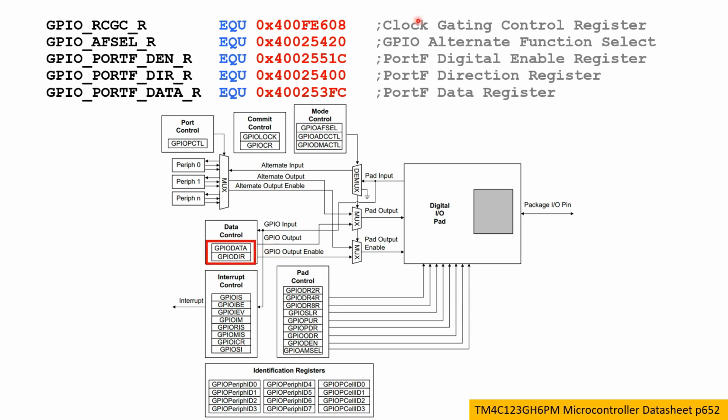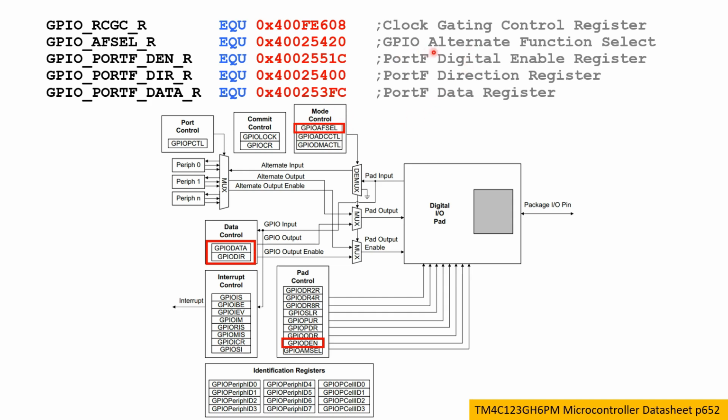Then I would like to highlight this other register, GPIO DEN. That is the digital enable register. And the other register that I want to highlight is this one here, the GPIO AFSEL.